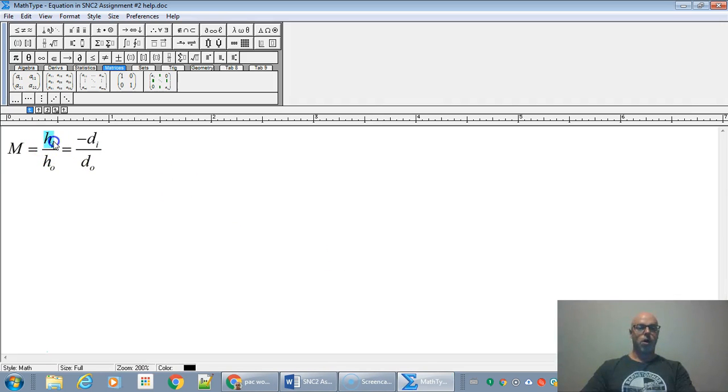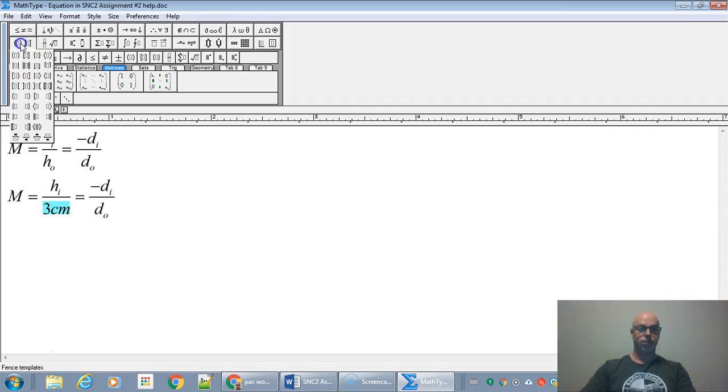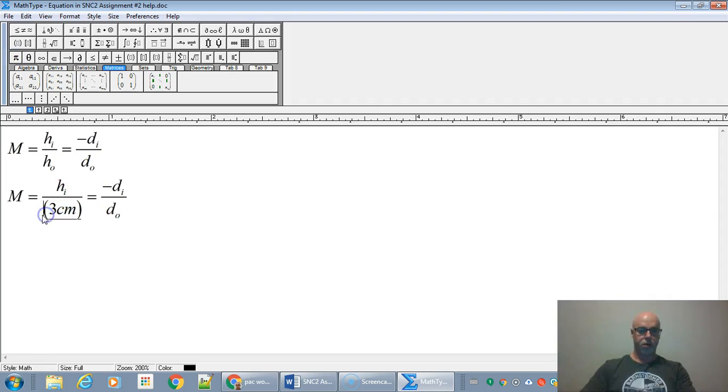So if your object height was 3 centimeters in height, then that is going to be the same for your image height. They have to be the same. They're both going to be 3 centimeters. Okay, this is only true for plane mirrors. So there we go. So we got that filled in.